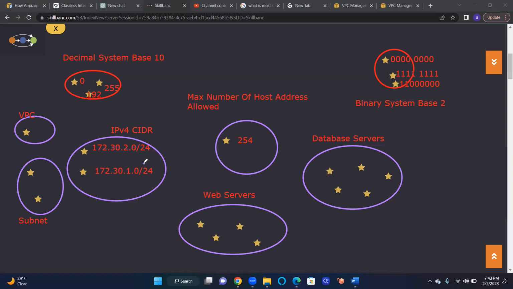So when I say slash 24, what it is saying is I use the first 1, 2, 3 octets. These are 24 bits.